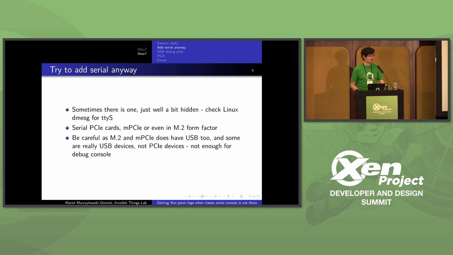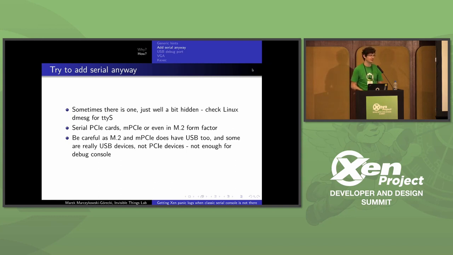Okay, so first of all, the real serial console is still the most reliable way. So maybe there's a way to have that anyway. In some cases, even on some laptops, it is there, but it's well hidden. It may be some undescribed connector on the main board.